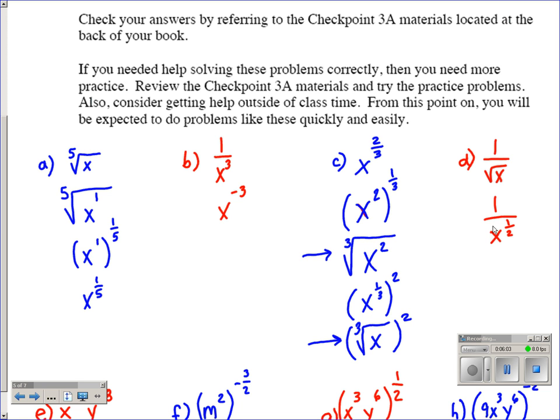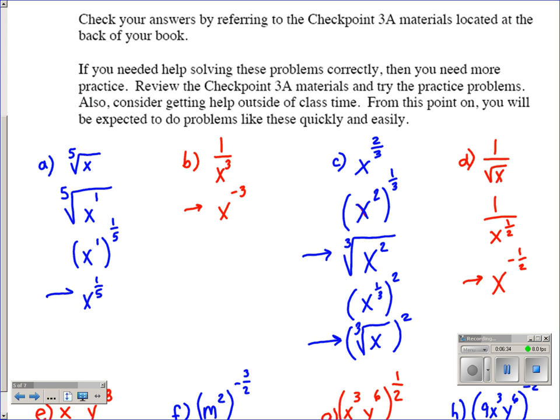And we could also take it one step further. If we wanted to take our x to the 1/2 and get it out of our denominator, when we move it up to our numerator, what happens to our exponent? It should become negative. So we have x to the negative 1/2 power. So there is our answer for D. So here are each of our answers for this first part.